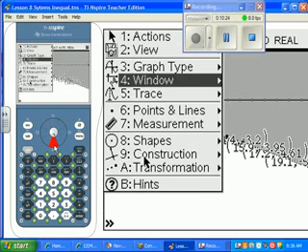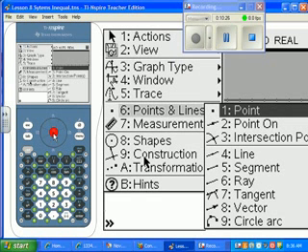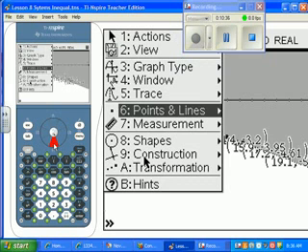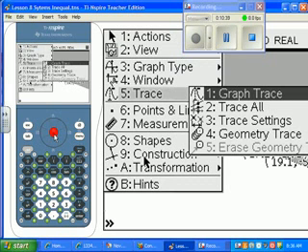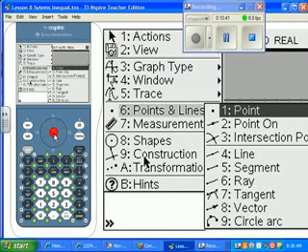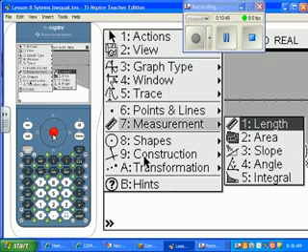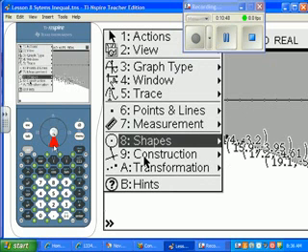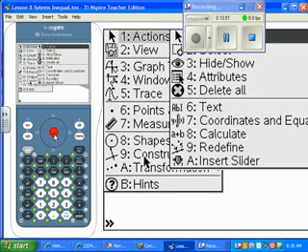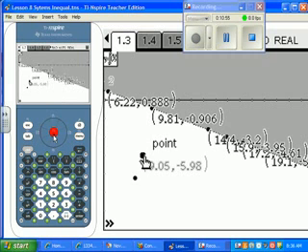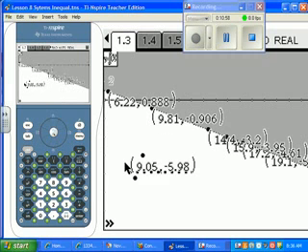Get out of your point tool, go back to menu, points, lines, and then coordinates.